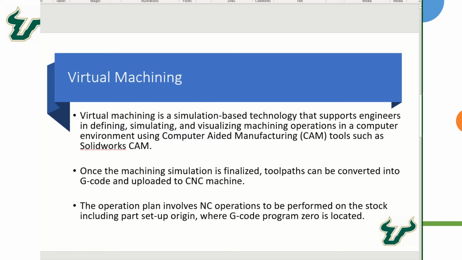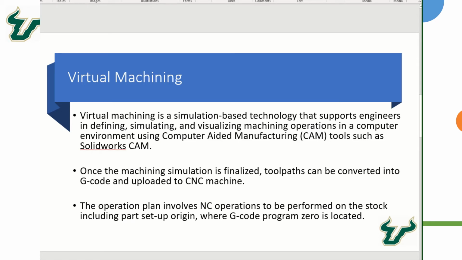The operation plan also involves the NC operations to be performed on the stock. Stock is basically the starting material that you select in order to machine the features that you want to create on it, and it includes the part setup origin, where the G code program 0 is located.